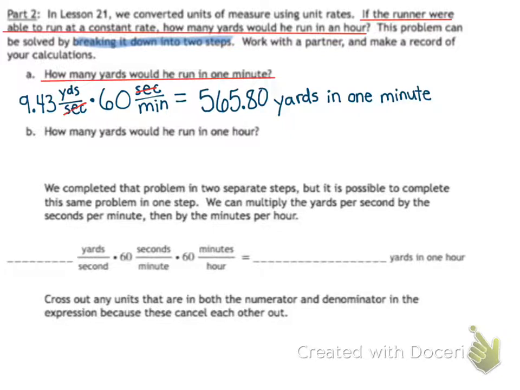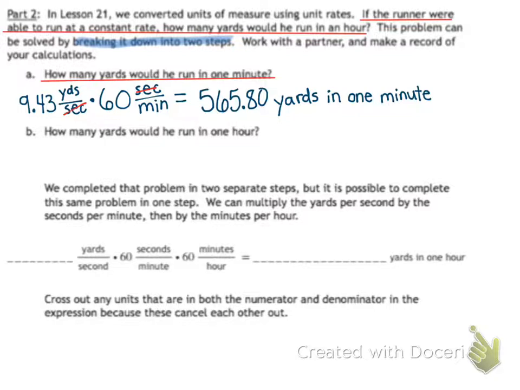I want to find out how many yards he ran in 1 minute. So this is written in seconds, right? And I know that 60 seconds is 1 minute. So I'm going to multiply by 60. After multiplying, I get 565 and 80 hundredths yards in 1 minute. Or 565.80 yards in 1 minute.